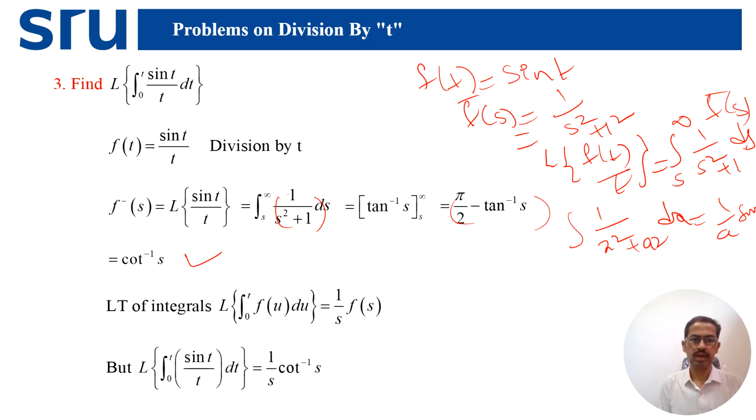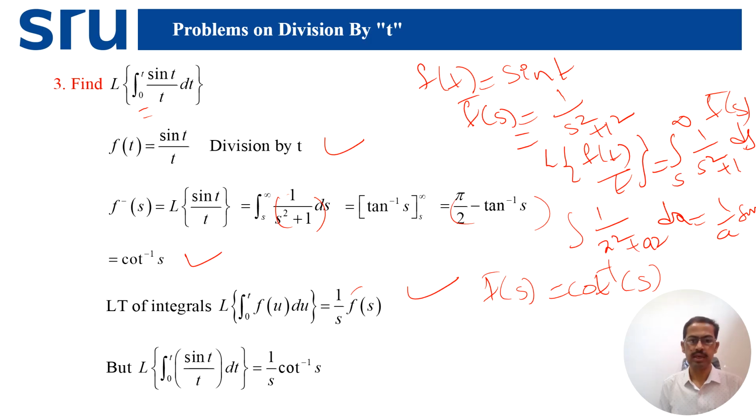Now apply the integral formula. First the division by t formula, second the integral formula. What is the integral formula? The Laplace transform of the integral from 0 to t of f of u du is equal to 1 by s into f bar of s. Here f bar of s is cot inverse s.